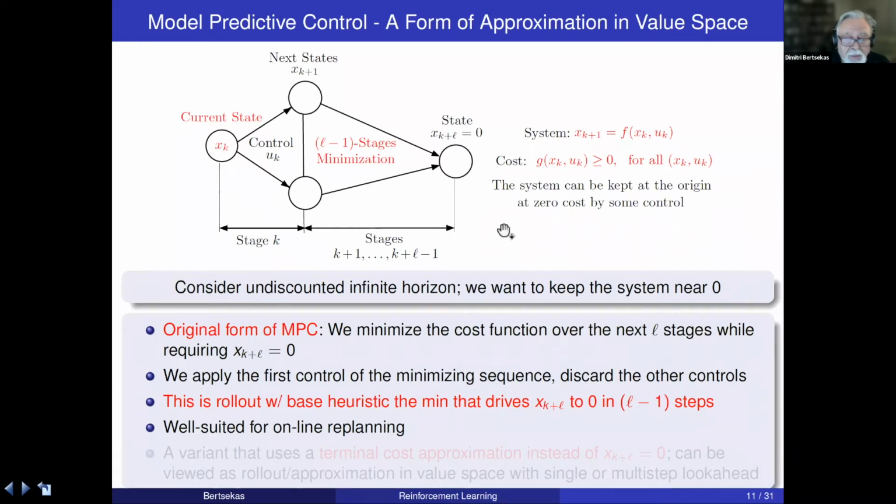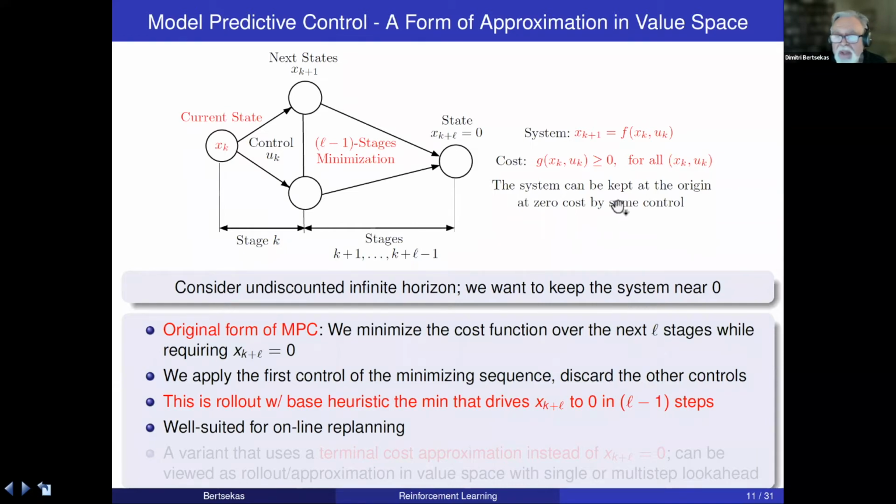There are a lot of other things that you can prove about this, including stability. There's a nice stability analysis of MPC that shows that the MPC controller, which is suboptimal, is still stable for a given problem under some conditions that are usually satisfied.